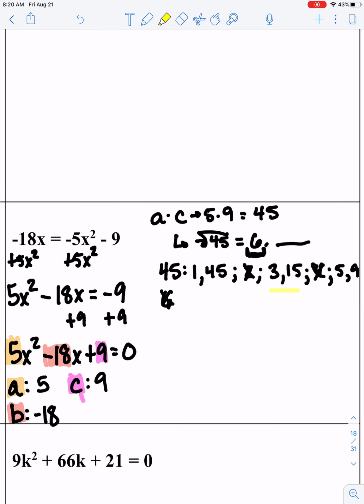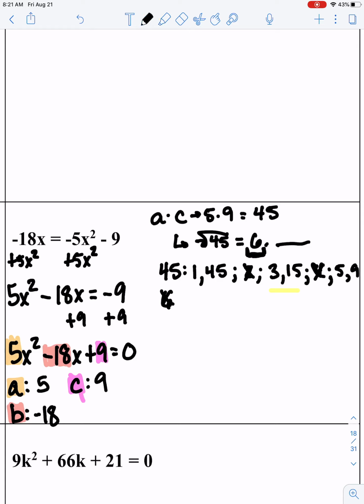It's close. So when I tried to have both of my factors be positive, I did not find a pair that gives me negative 18. Both of them were positive, but it's okay if both of them are negative.